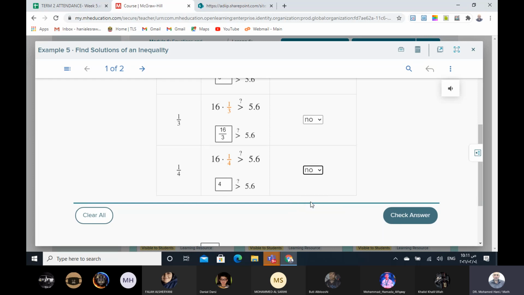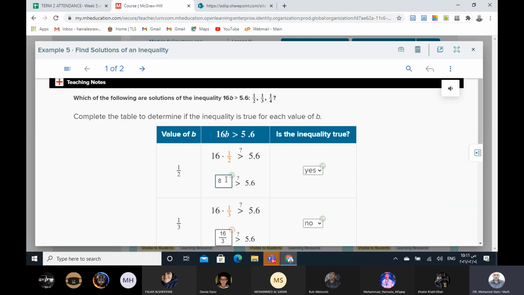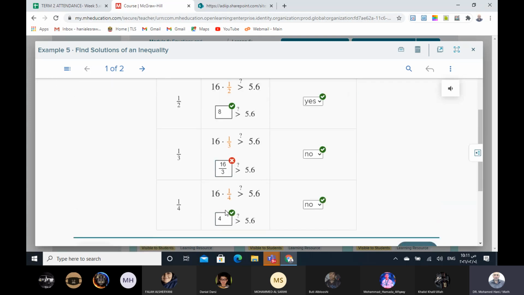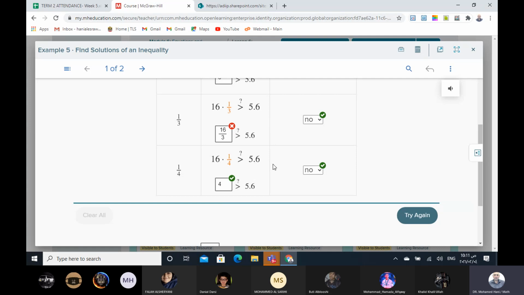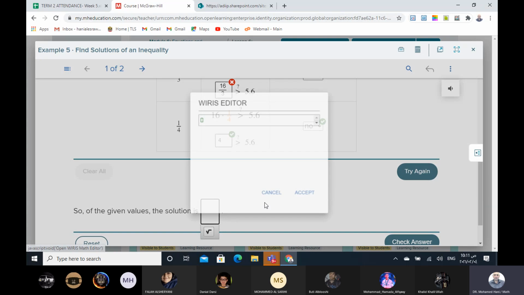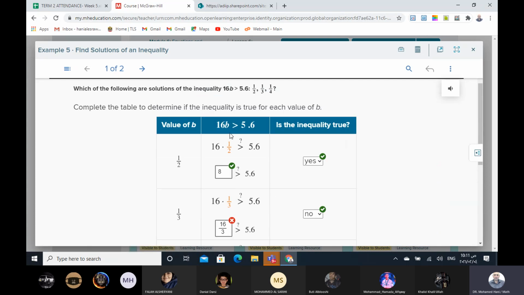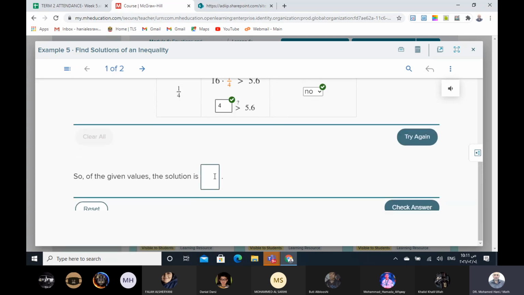No. So here, this is yes, this is no, and this is no. So we have just one solution here. The solution here is just 1 over 2.